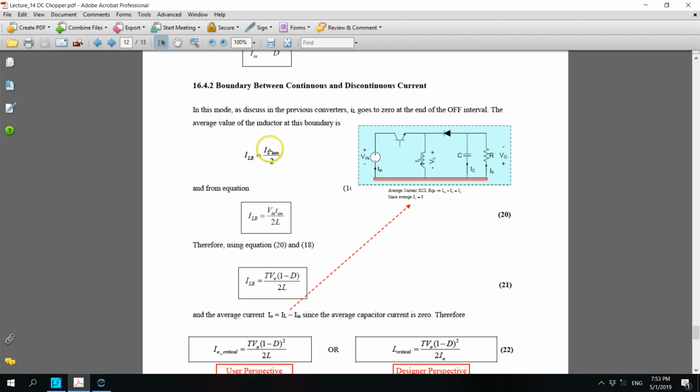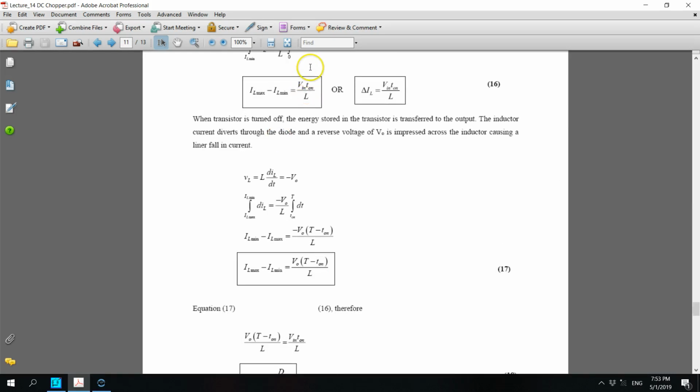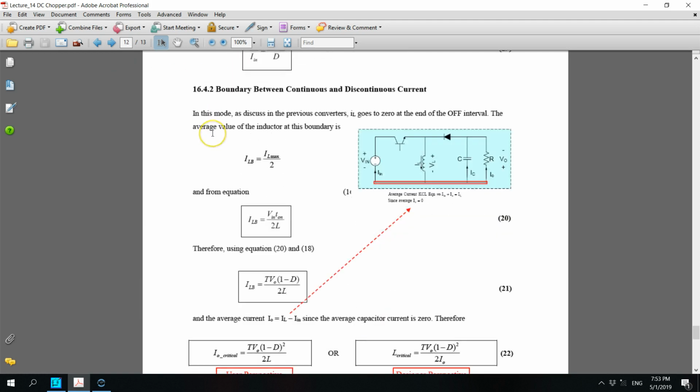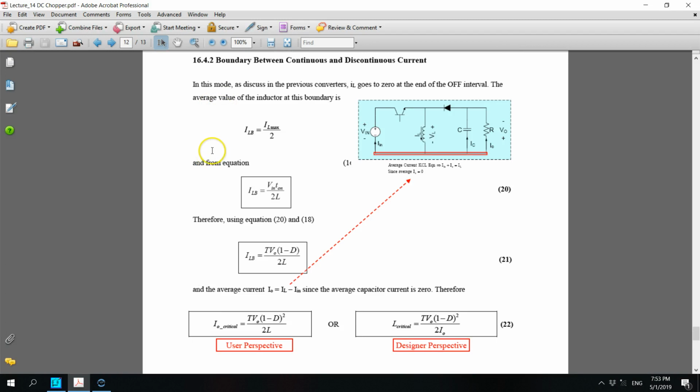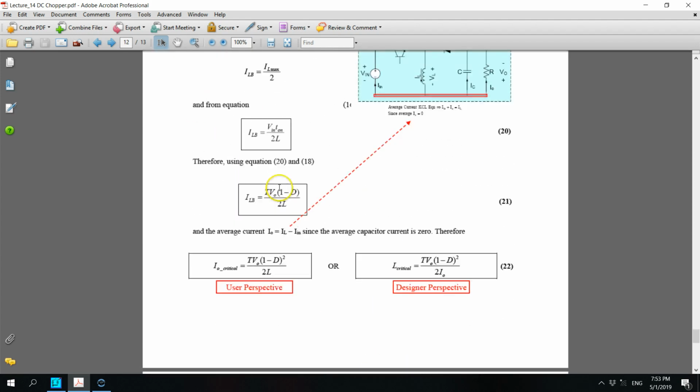And from equation 16, delta IL equals V in T on, with IL min being 0, so IL max equals V in T on over L. So we can see that ILB equals V in T on over 2L. Also using equations 20 and 18, you can rearrange and find that ILB, the average inductor current at the boundary, equals T V0 (1 minus D) divided by 2L.